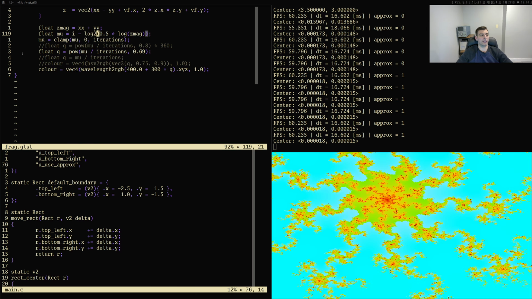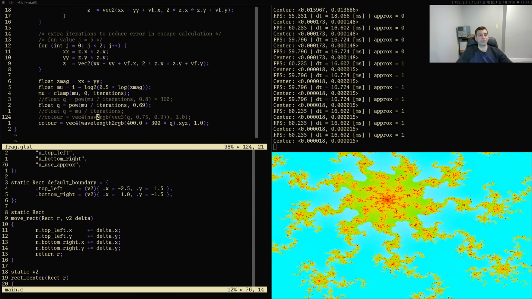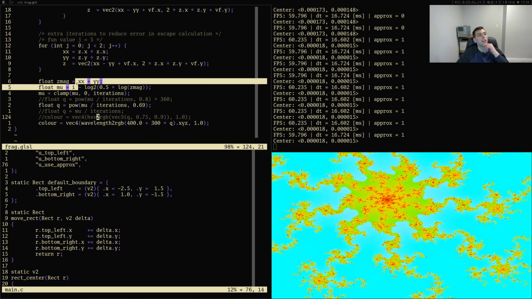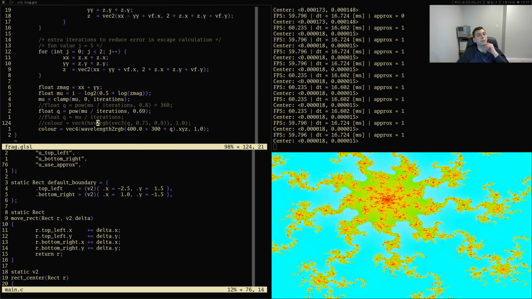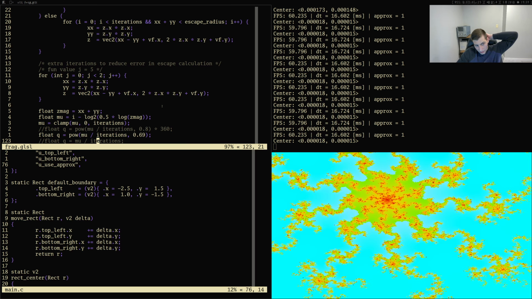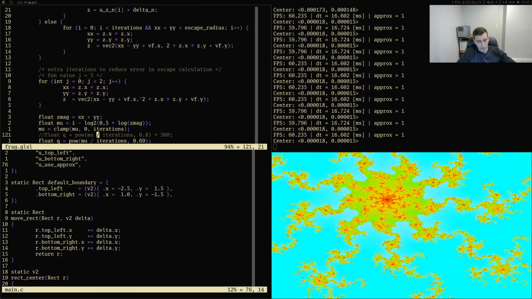This won't change anything. I don't know why this one is base n versus base 2. I don't fully understand this normalizing of the Mandelbrot escape, but anyways, that does the same thing.